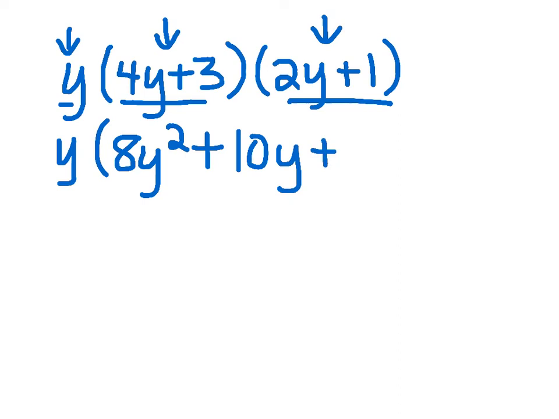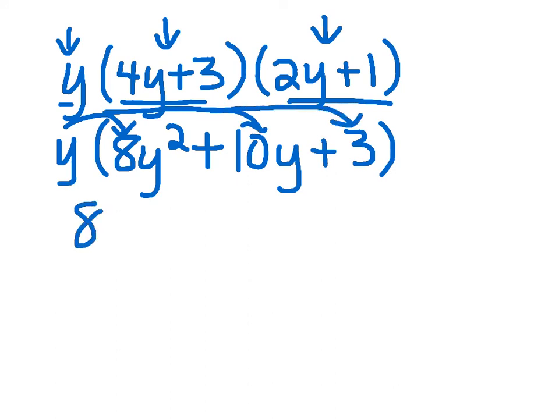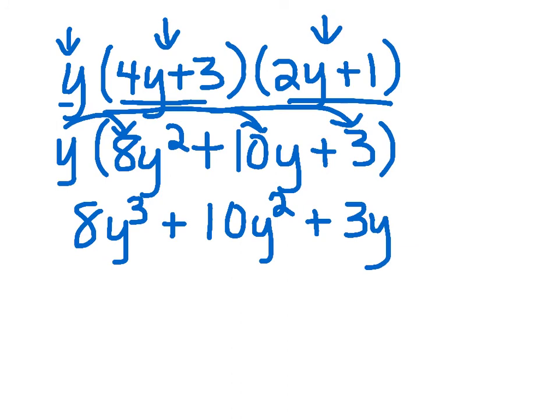And last is 3. First, outer, inner, last. FOIL. Now, to distribute the y over each of these terms is pretty simple. I'm just going to say 8y to the third plus 10y squared plus 3y. And we're done. Again, it's okay if you prefer to write down 6y and 4y gives you 10y.